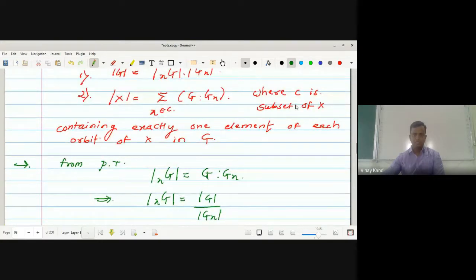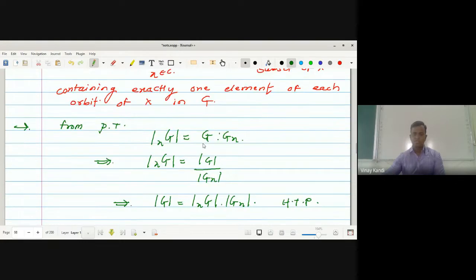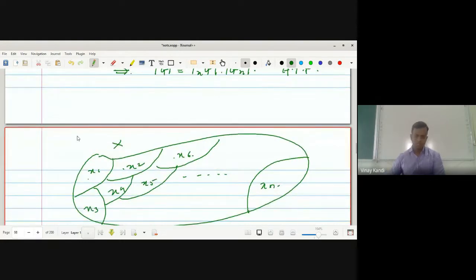C is the subset of X containing exactly one element of each orbit of X in G. Suppose this is set X. This orbit contains only one element, that is x1.